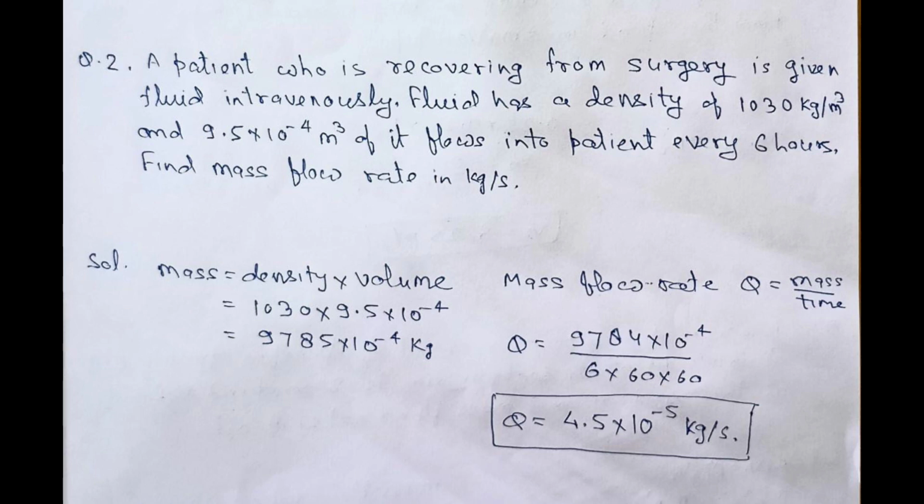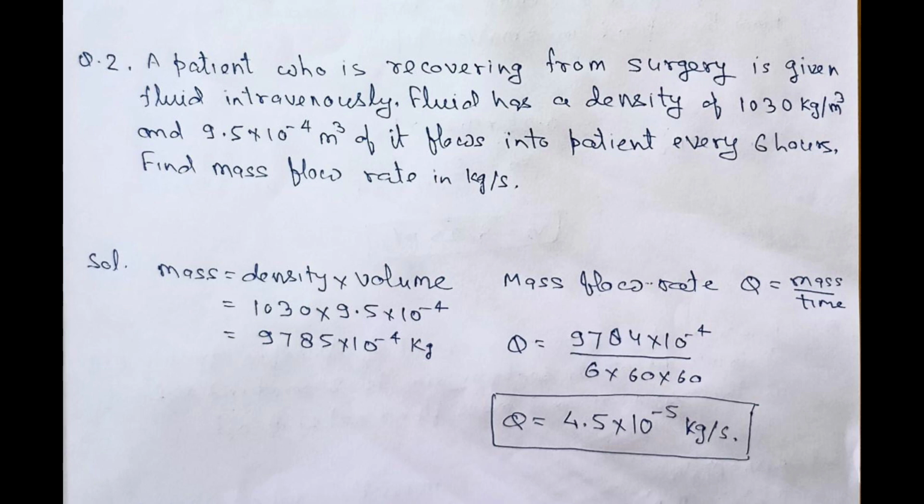Now you know mass equal to density into volume. So mass flow rate equal to mass upon time, that is equal to density into volume upon time. This volume upon time is known as discharge Q. Okay, so we can say Q equal to mass upon time.